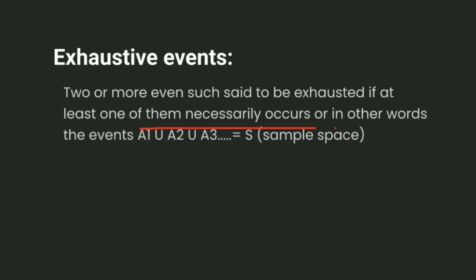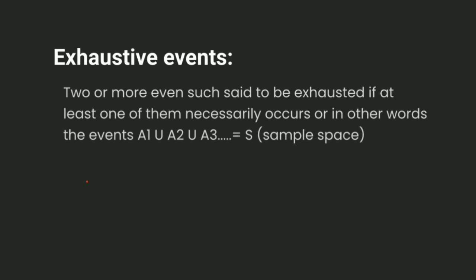Two or more events are said to be exhaustive if at least one of them necessarily occurs, or in other words, the events A1 union A2 union A3 equals S, that is, the sample space. So there is a necessity of occurrence of either of the events.